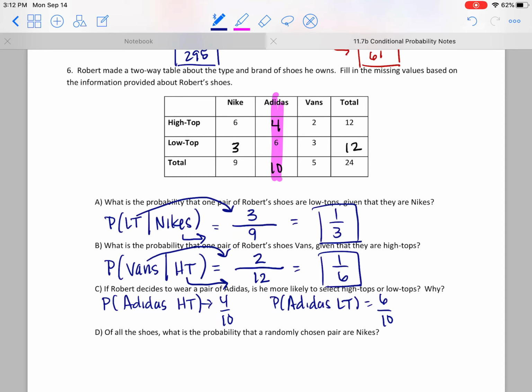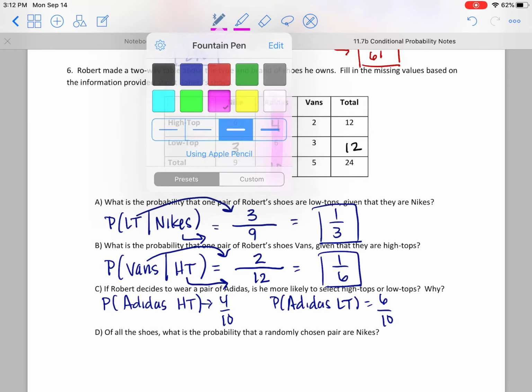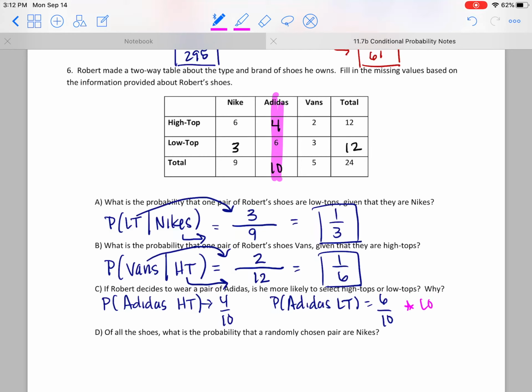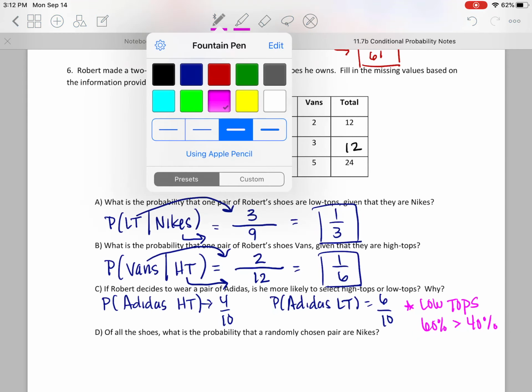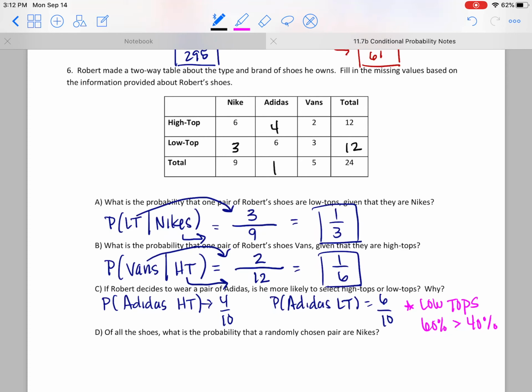Well, 6 out of 10, 60%, is going to be better than 40%. So we're going to say low tops. 60% is greater than 40%. A 60% chance is greater than a 40% chance is our rationale, and we showed that with the work. Okay? Now, this was 4 and 10 that I just erased out of there.